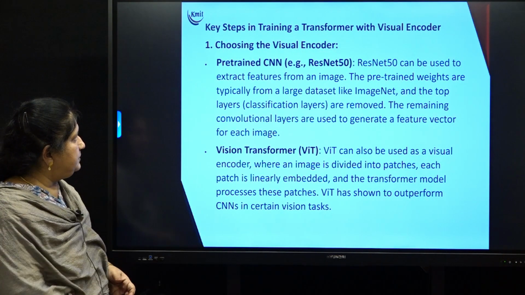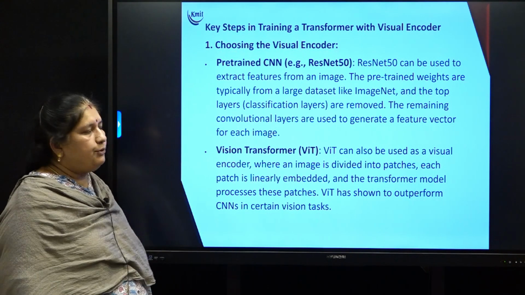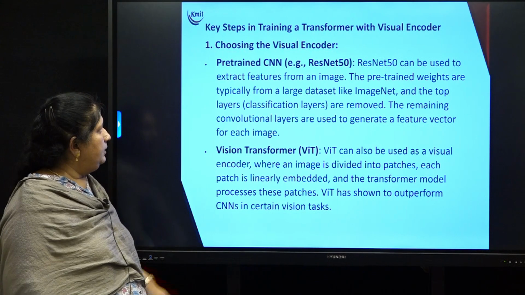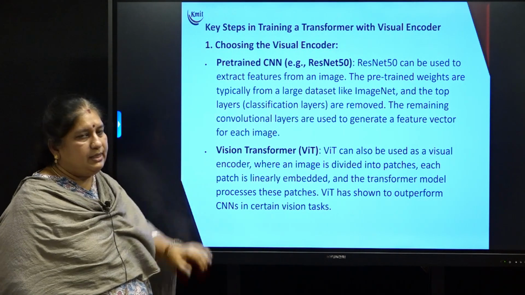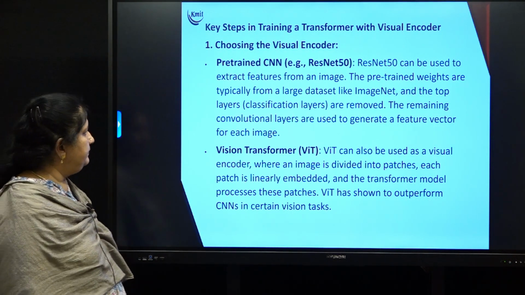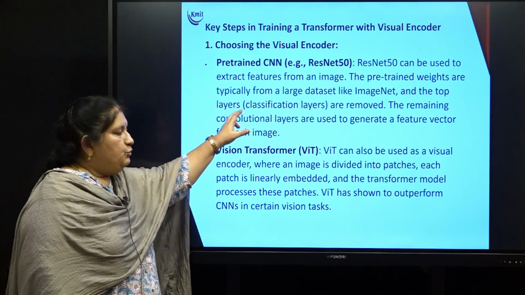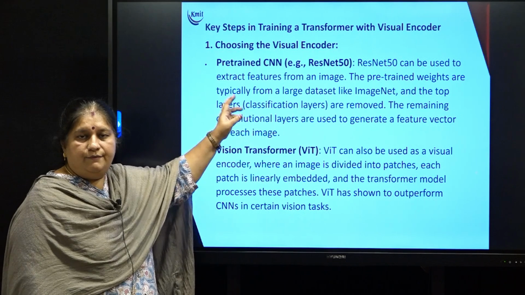What are the key steps in training a transformer with a visual encoder? Choosing the proper visual encoder, which is to be pre-trained. In our example, we are using ResNet50, which is pre-trained on the ImageNet dataset, and we are removing the top layers, which are doing the job of classification. Why are we removing them?